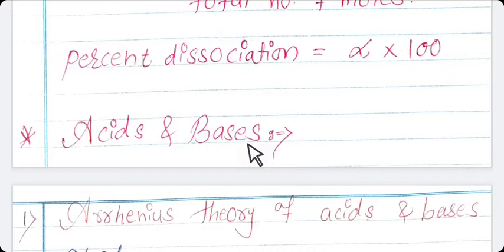When a substance turns blue litmus to red, it is an acid, and when red to blue, it is a base. There are different theories about acids and bases which we are going to study in this chapter.